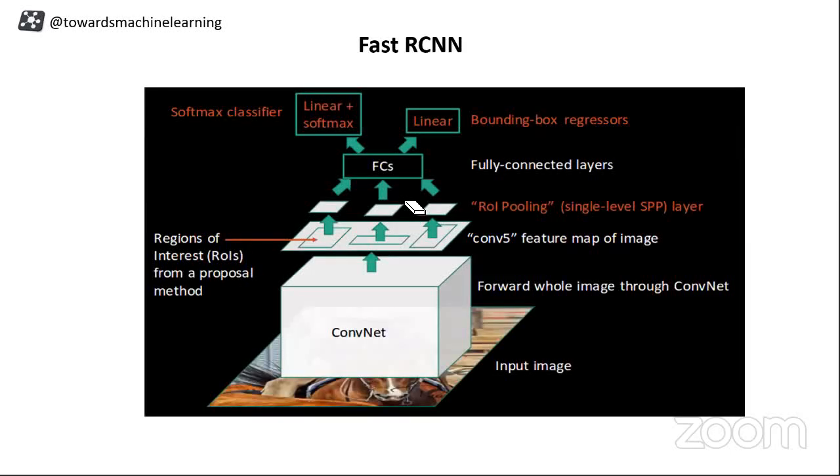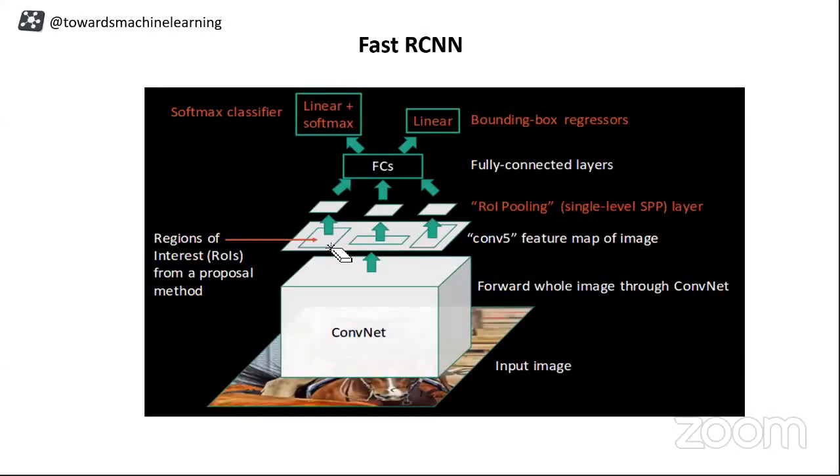Okay, how does it look? It looks like this. You have a convolutional neural network. First, you pass the whole image through the convolutional neural network, and then you have the region of interest pooling over here. Before that, you have selective search that will be telling you the regions of interest.